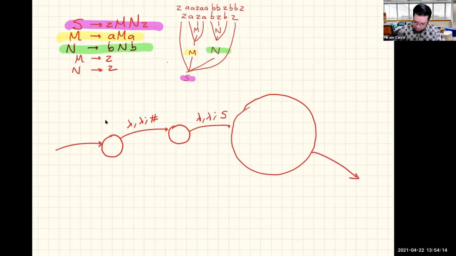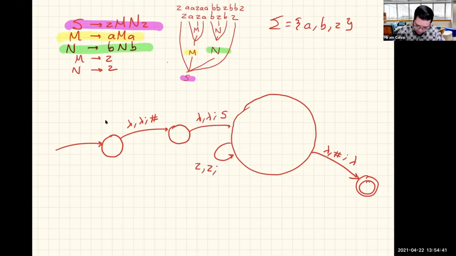But in the meanwhile, the last state will be an accept state, and we will be taking out the hash from the stack. And then we will just add for every symbol in the alphabet, which for this case is A, B, and Z, a rule that says if you see a Z on the input string, you will pop out a Z from the stack.